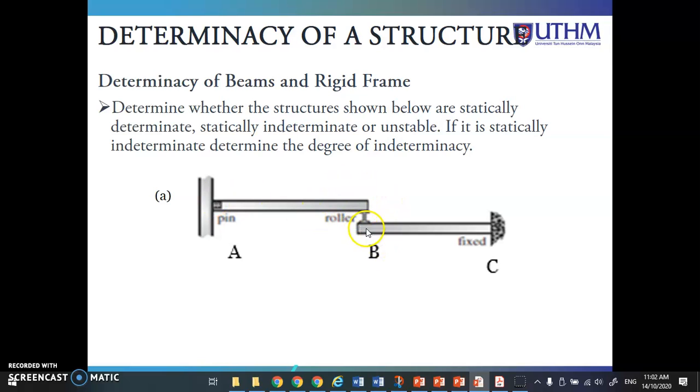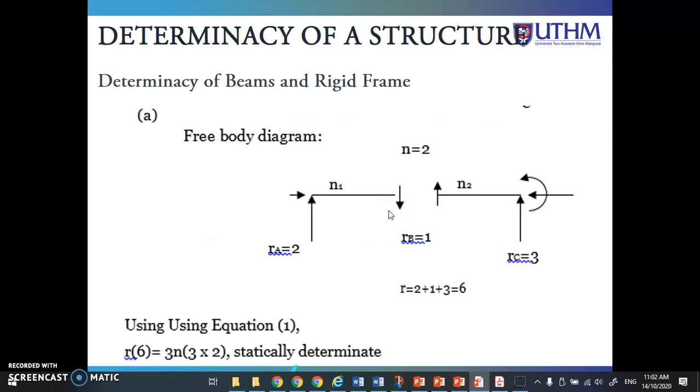Roller will have 1 reaction, and fixed will have 3 reaction. Okay, number of part atau N dia. N kat sini akan jadi N sama dengan 1. N yang ni akan jadi, maksudnya ni N1, ni N2. So akan ada 2 N. Okay, so N is equal to 2.